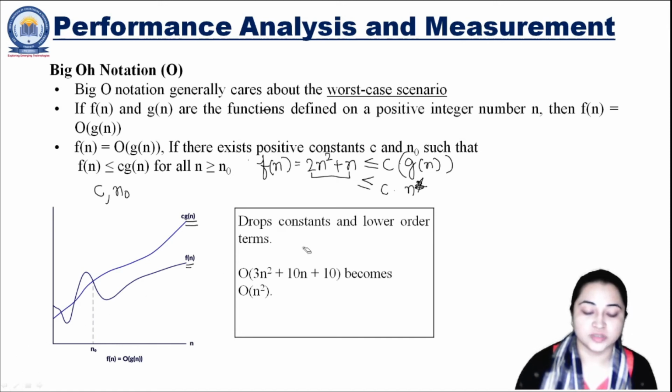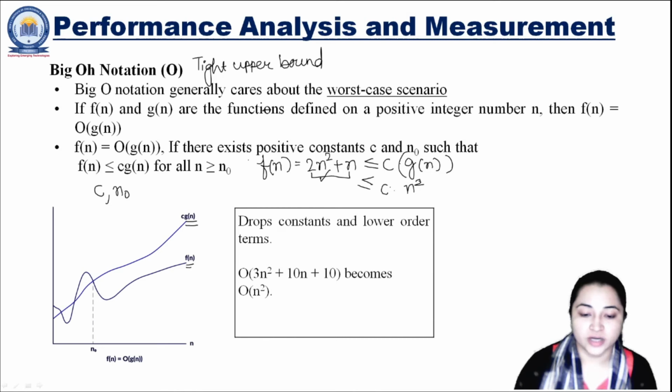We will choose g of n as n square, as this gives the tight upper bound. Okay, big O notation gives a tight upper bound to the algorithm, meaning the closest value to f of n will be selected as g of n.